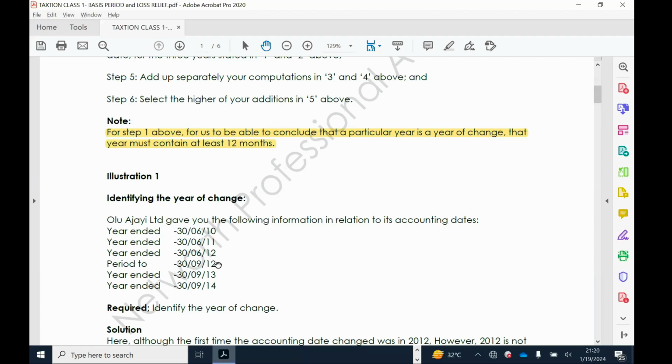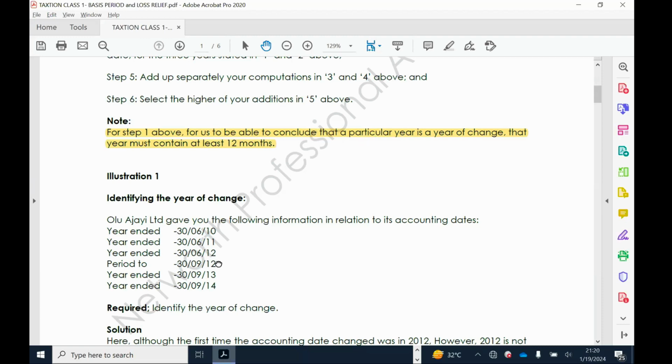But how many months is it from the last year? This is the last year before the change. Can you answer that? How many months is it? Please, can you unmute yourself and answer? 3 months. 3 months, right? Yes. We are saying that because of what the law says, before we can conclude that the particular year is the year of change, it must have at least 12 months.